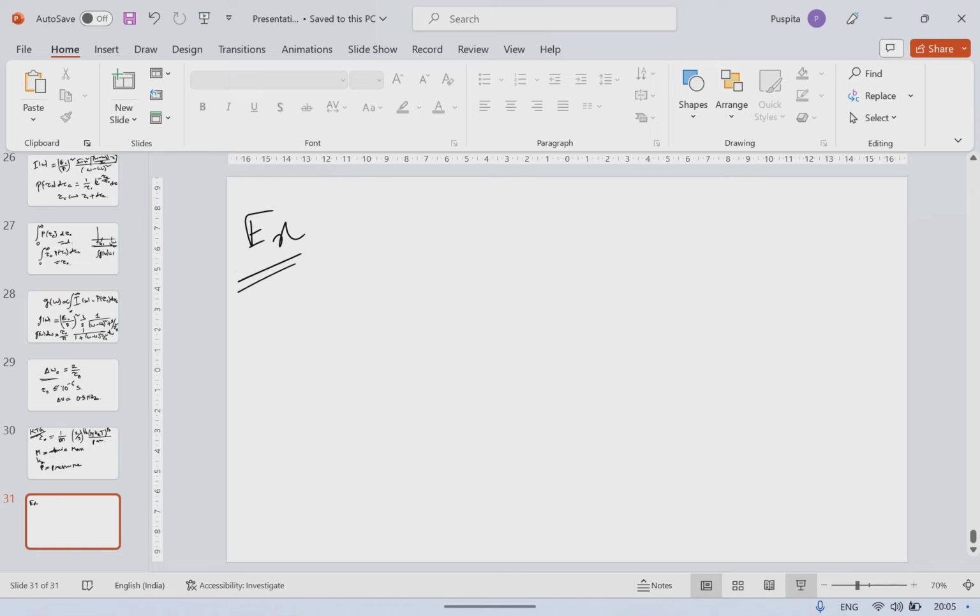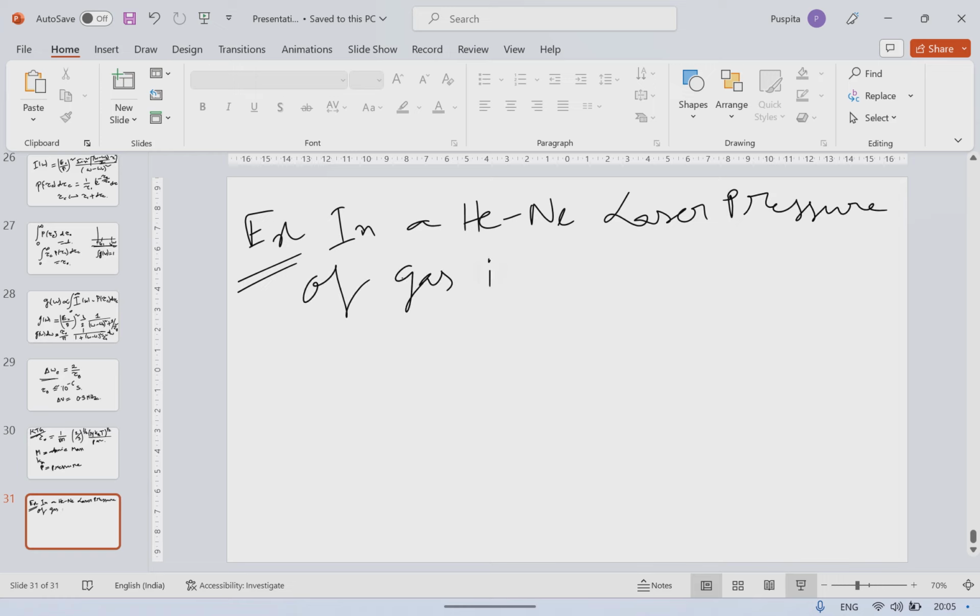So here is an example of what kind of question may come. Like in a helium neon laser, the pressure of gas is typically 0.5 torr.